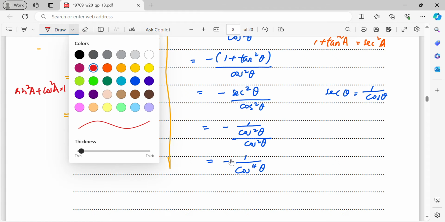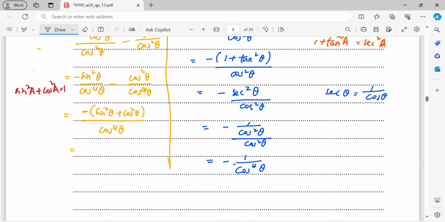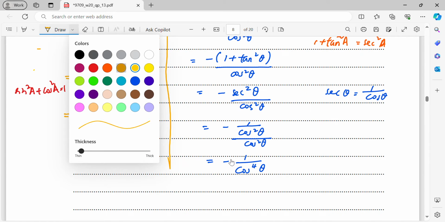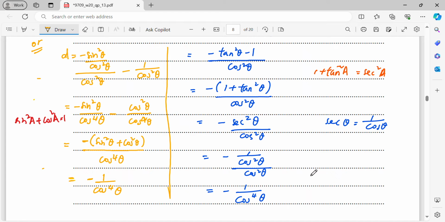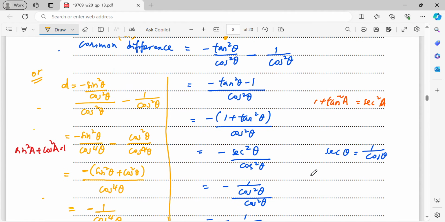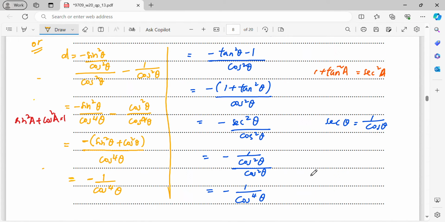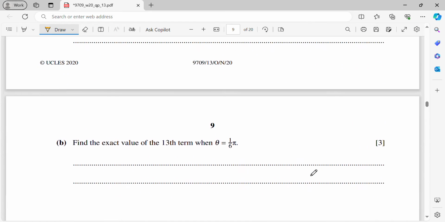So I will change my numerator into minus 1 over cos degree 4 theta. So we get the same answer. Okay, so done for this part.